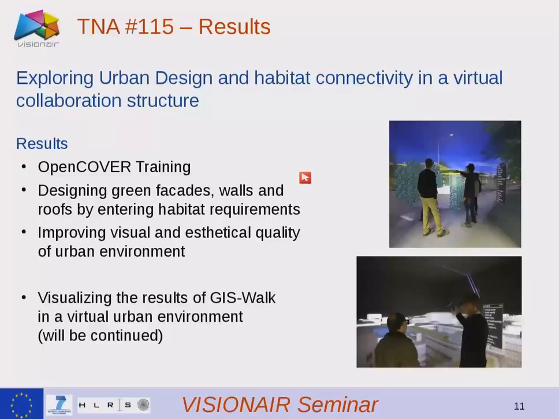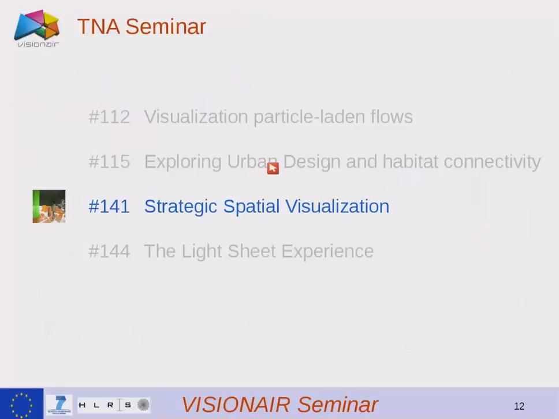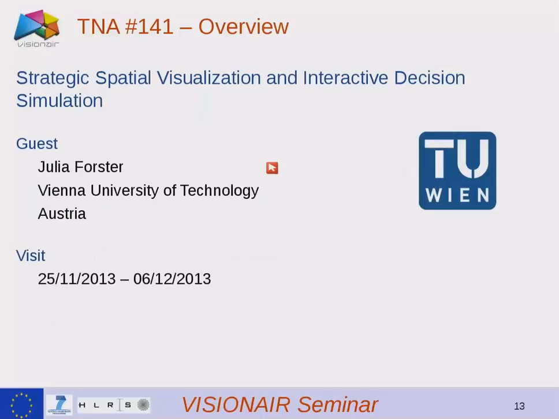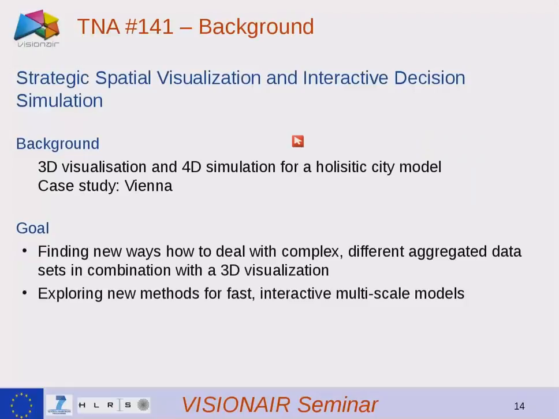So the next TNA is from the Vienna University of Technology. Our guest was Julia Forster, visiting at the end of last year. They are using simulation tools for a holistic city model to do all kinds of analysis while planning for urban structures.